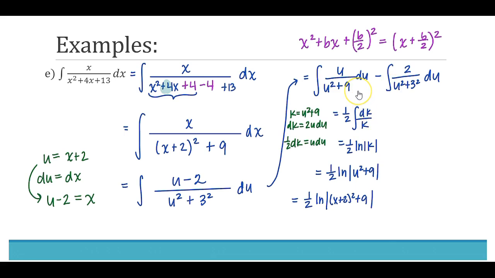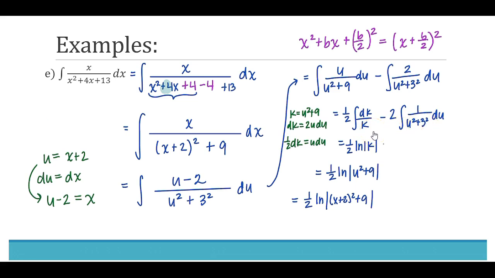And then we're going to have minus 2, and then I'm going to think about this as 1 over u squared plus 3 squared du. And this is an arctangent. And arctangent does have that 1 over a in front, so the value of a being 3.